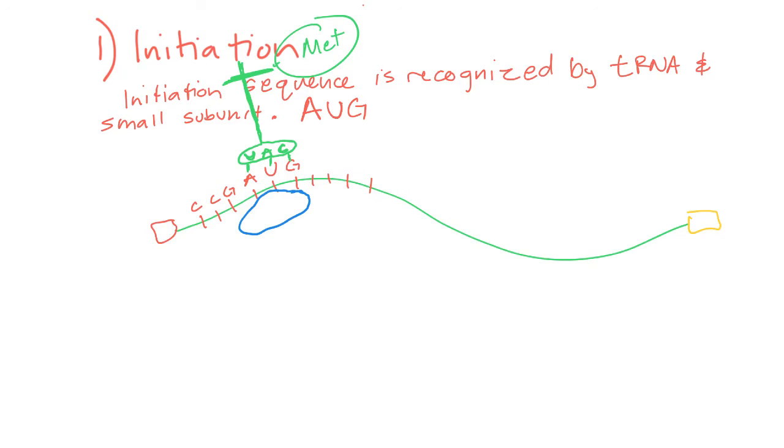Sorry, say that again. Methionine. So AUG is the codon that binds with the anticodon of the tRNA. And then the large subunit binds.